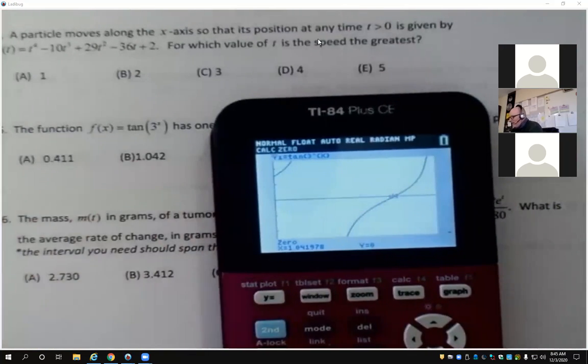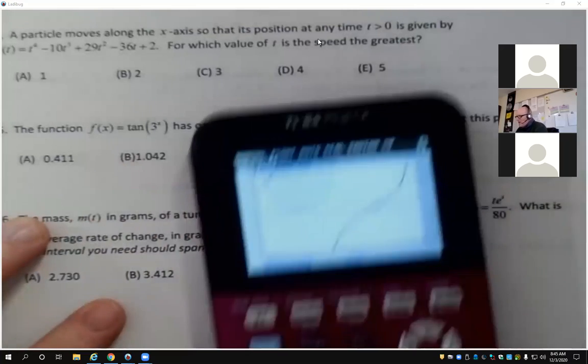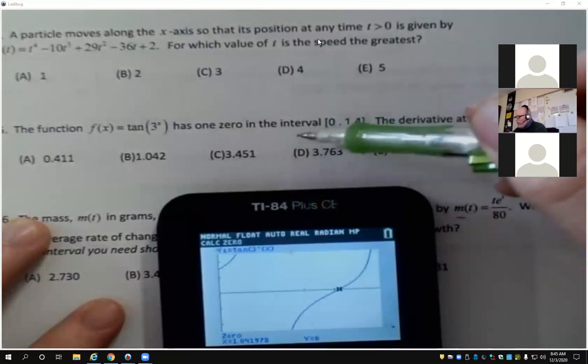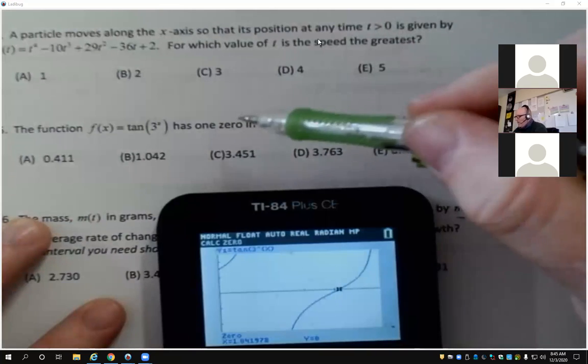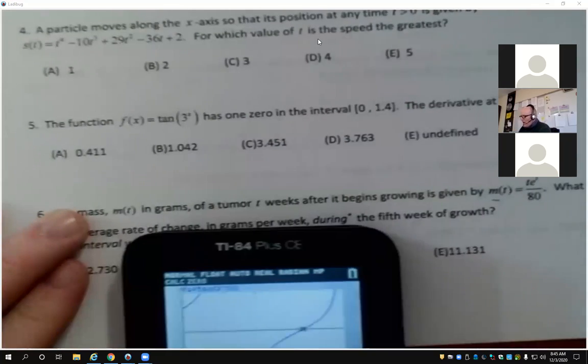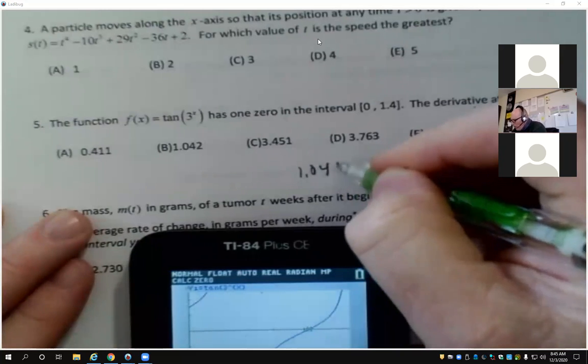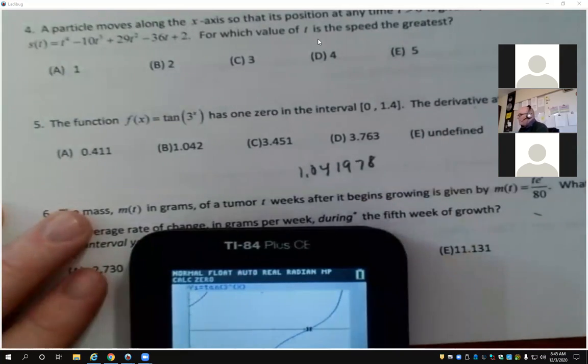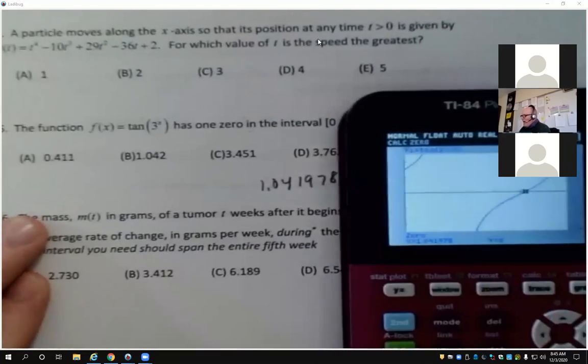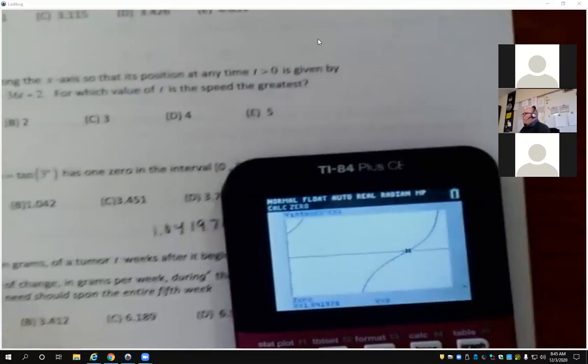That's a common mistake. Okay, because the question is not asking for the 0; it's asking for the derivative at the 0. So I'm going to write down really quick that my 0 is 1.041978. And now I'm going to find my derivative at that point.